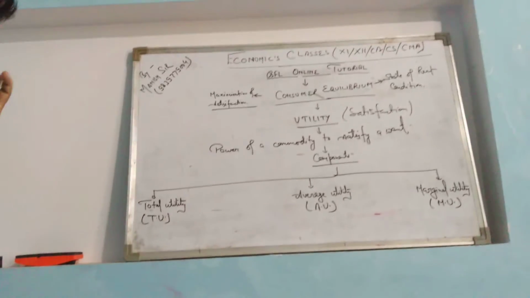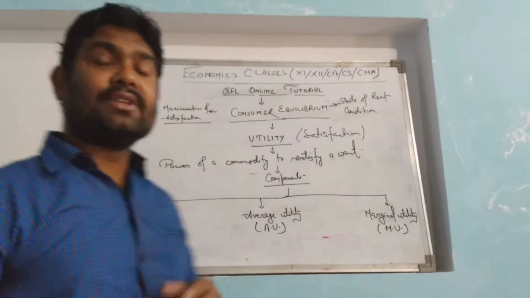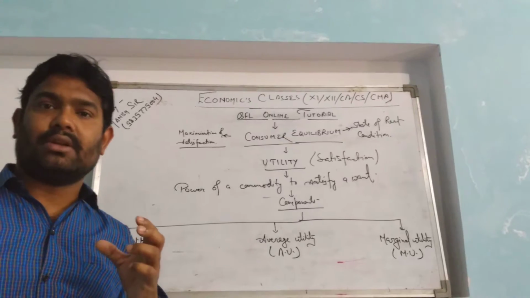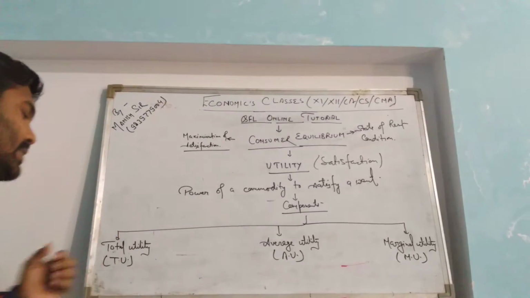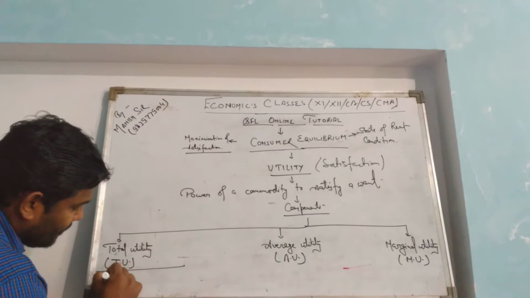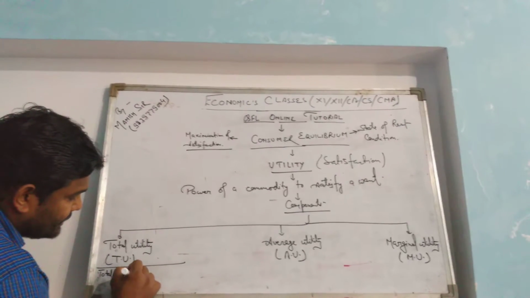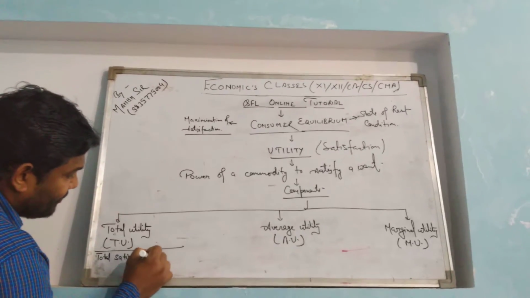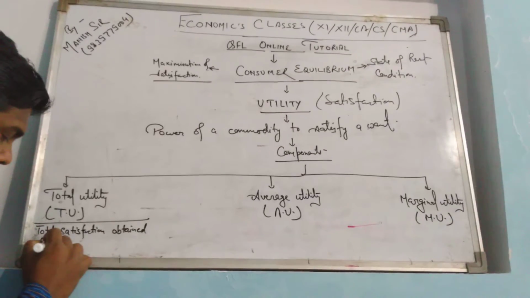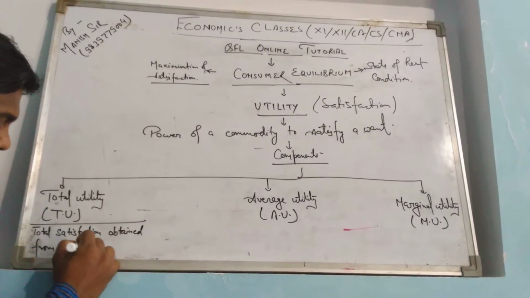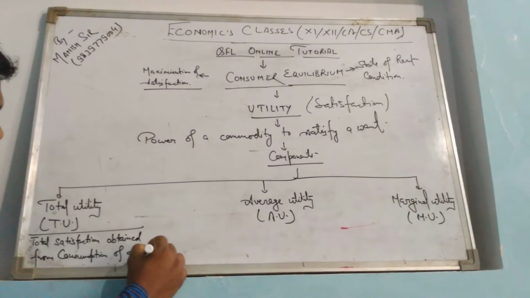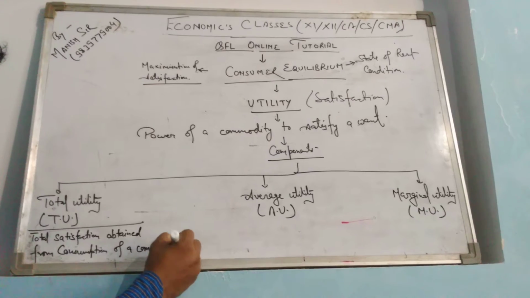So what is total utility? We can say this is the total satisfaction derived from consumption of a commodity. When we obtain total satisfaction from that particular commodity, that is known as total utility. So we can write: total satisfaction obtained from consumption of a commodity.